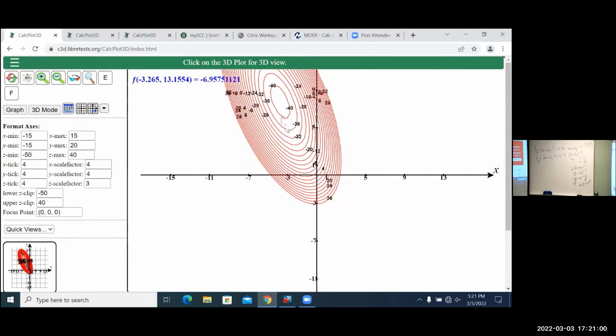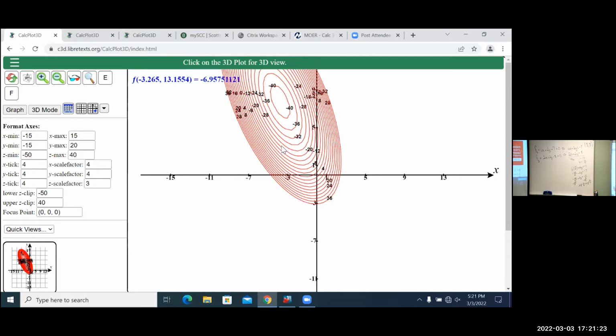What I want you to notice is what the contour lines look like. We looked at this when we looked at contour lines. We saw that when they were concentric circles or ovals, they tended to make a max or a min. So we can identify the type, whether we have a max or a min, by looking at the contour plot as well.